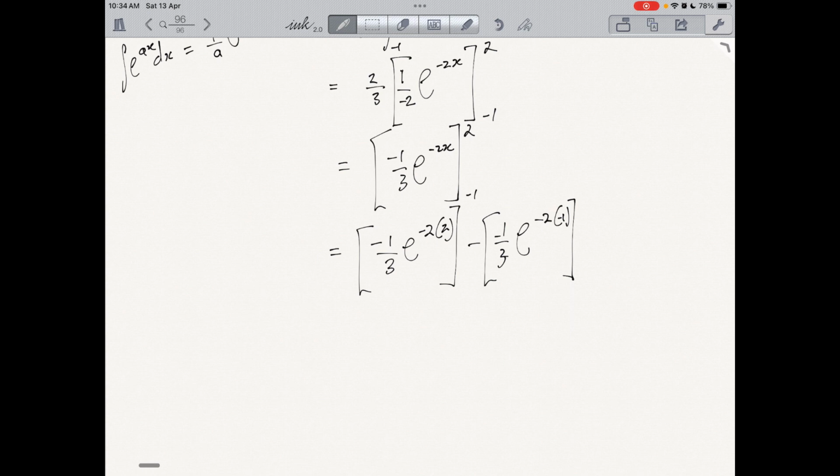So simplifying further, this will give us minus 1 over 3 exponential minus 4 minus minus 1 over 3 into exponential 2. So when we plug this into our calculator, we will have 2.457.